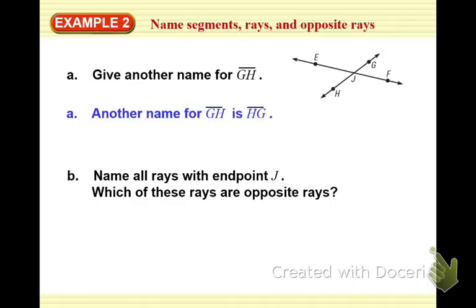Name all rays with endpoint J. Okay? Can you find them? Can you name them? I'll give you about 6 seconds to write them down. Got them? Give me one ray, Amanda.